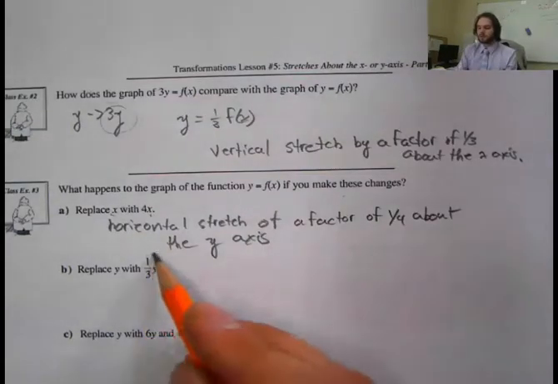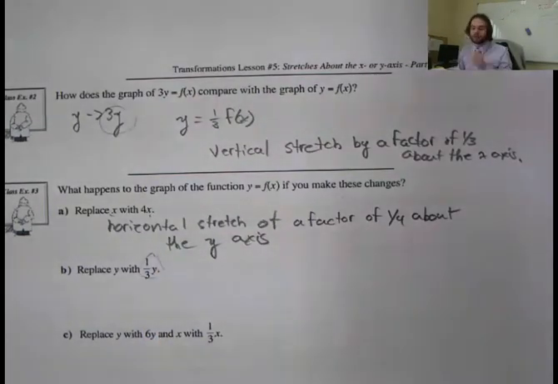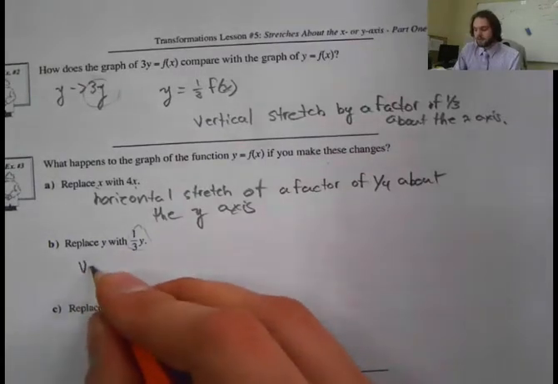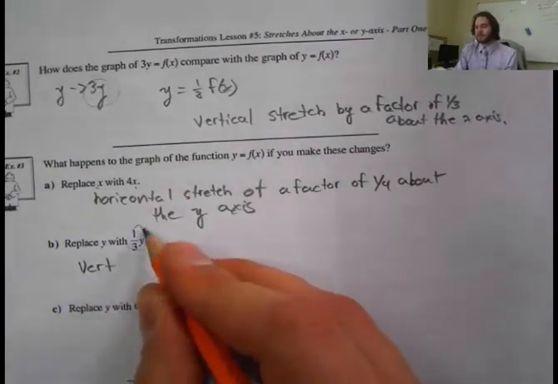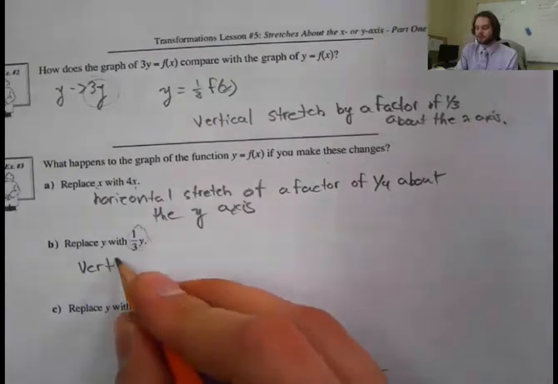Okay. Next one is y is replaced with 1 over 3y. This is a vertical, because it's now y, so it's automatically vertical.